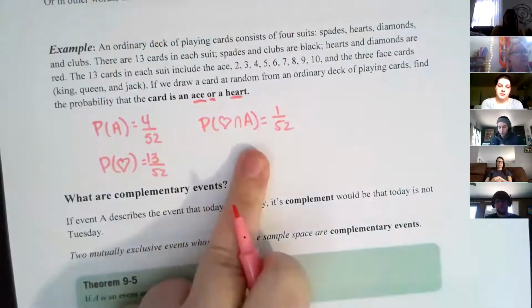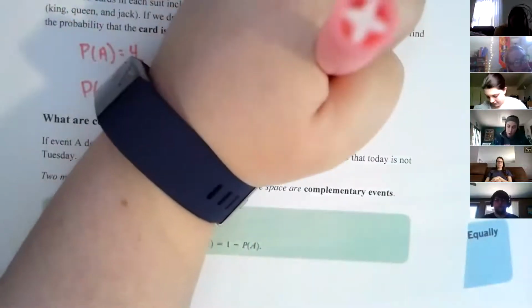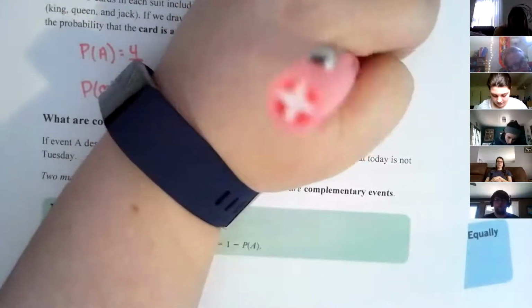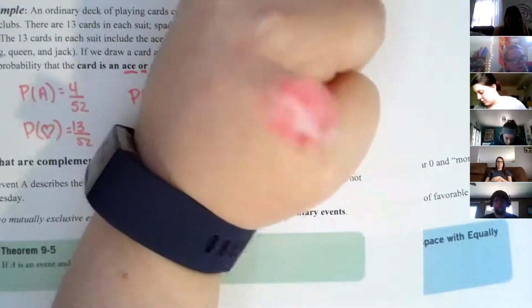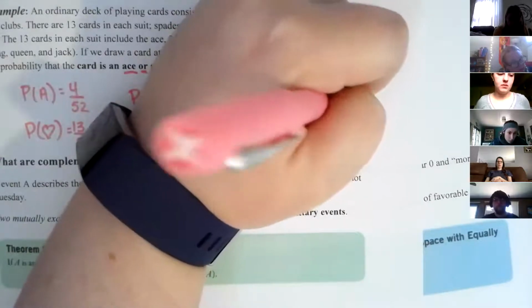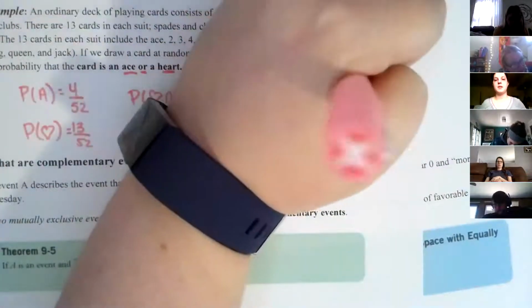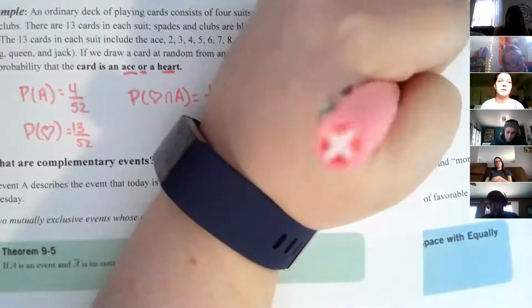So their intersection's not empty, which means I have to go to using this rule. So the probability of picking an ace or a heart would be 4 out of 52 plus 13 out of 52 minus 1 out of 52.